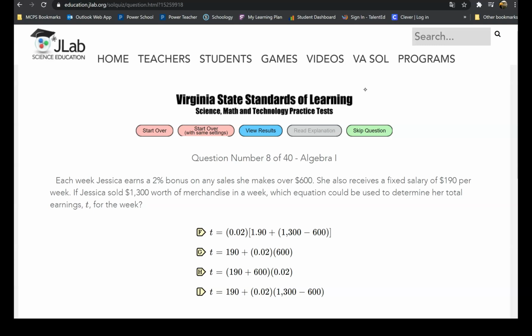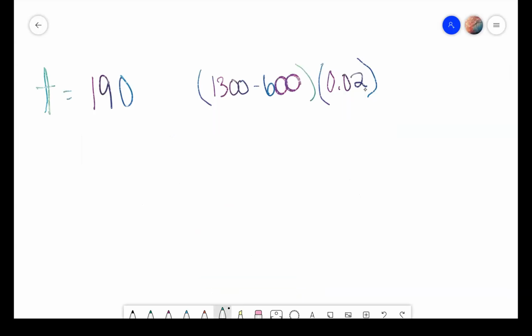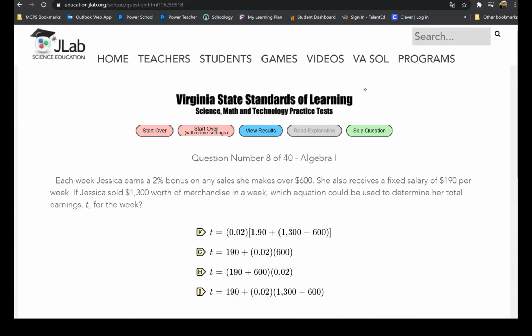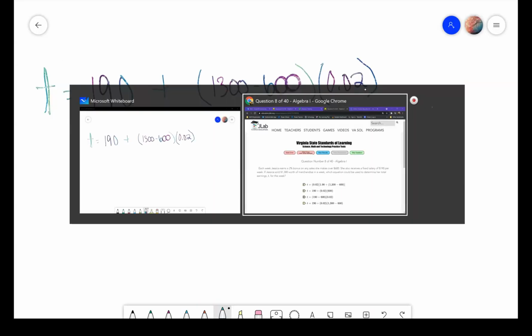She doesn't get to keep the $1,300. That's just how much she sold. And so then we're going to add those together. So do we have an equation that looks similar to this?